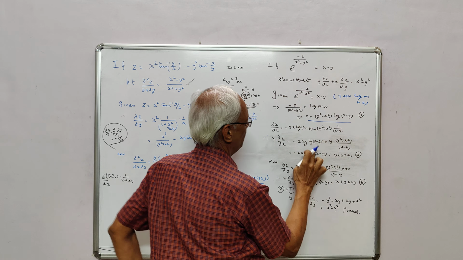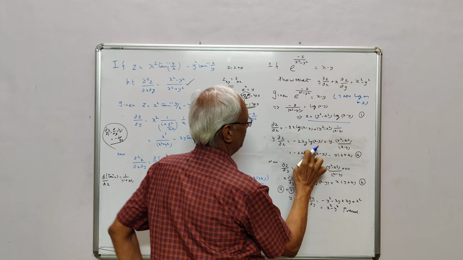So here you see minus 2x into log of x minus y plus y squared minus x squared into the differentiation of log of x minus y. d by dx of log x is equal to 1 by x.